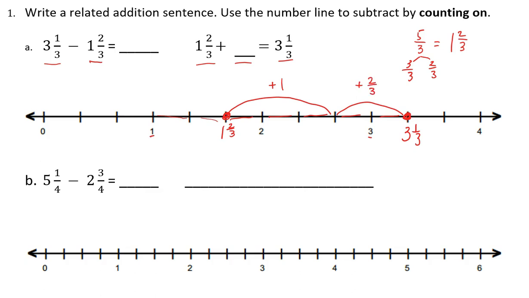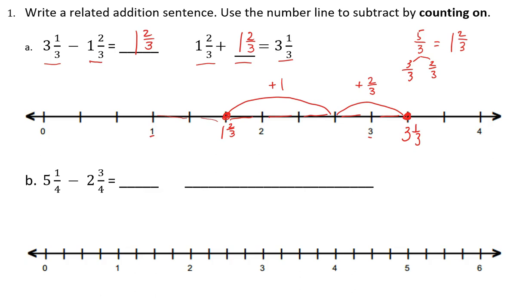That's what it takes to get me from 1 2/3 to 3 1/3. That's showing the difference between these two numbers on the number line. 3 1/3 minus 1 2/3 equals 1 2/3. And that's also the missing number in my related addition sentence. 1 2/3 plus 1 2/3 equals 3 1/3.